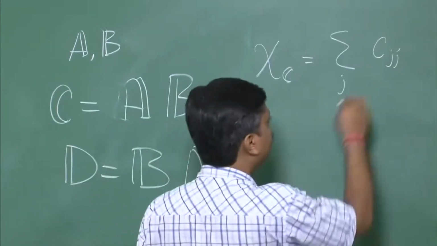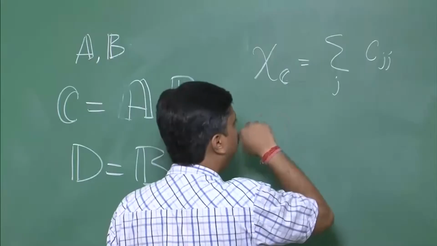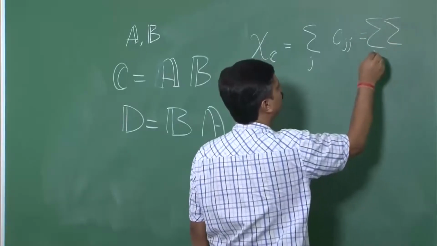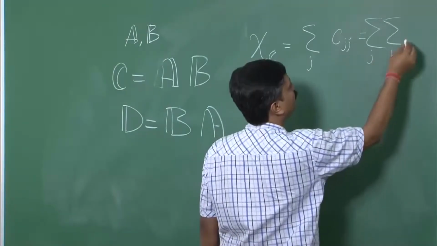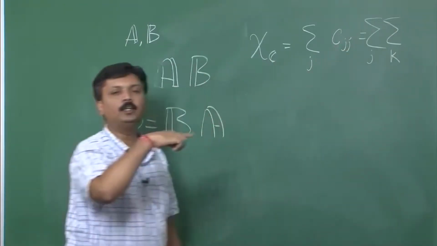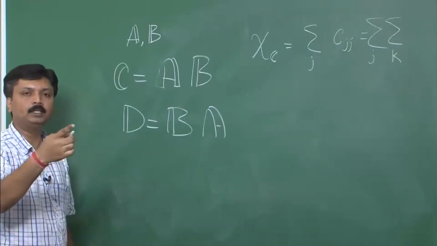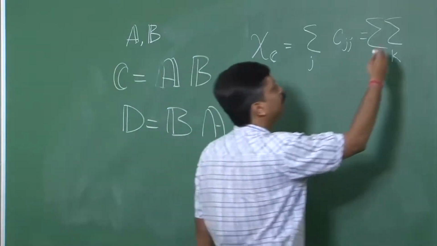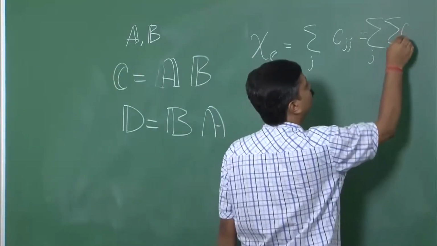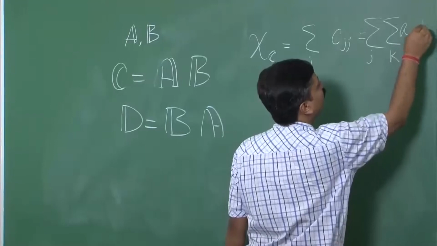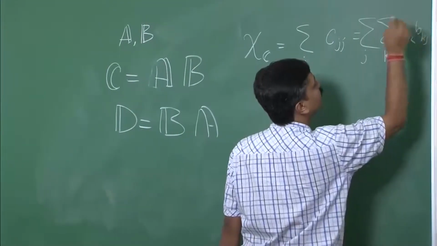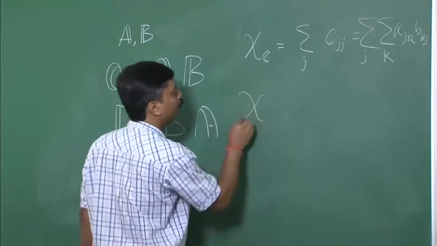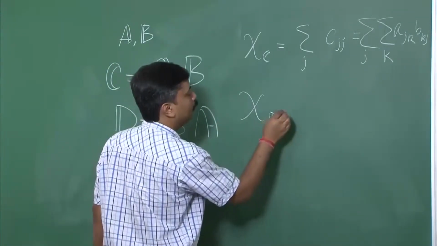If I break this one further, I can write it as a product of the A and B matrices. That means the sum of the products of the elements A_jk and B_kj, right? So A_jk B_kj. I can write that. Now what will be the character of the matrix D?